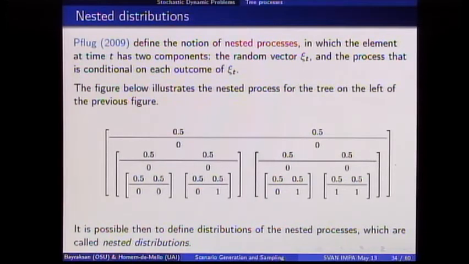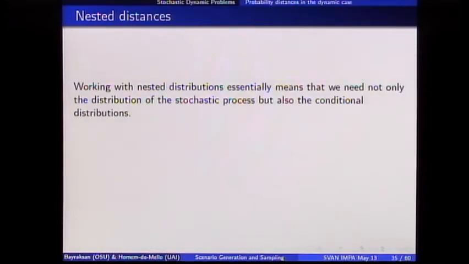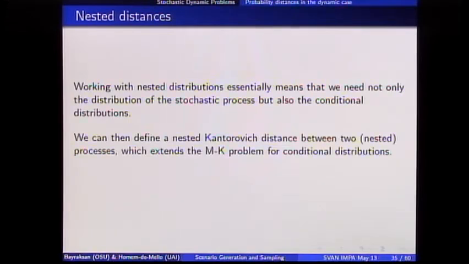So, of course, this mathematically becomes much more involved, but still, conceptually, one can define, right? If I know what my process is now, I can define corresponding notions of distributions, which essentially means, right, that we work not only with the values but also the conditional distributions. And then we can do the whole thing we did before, right? Define Kantorovich distances, all that business.